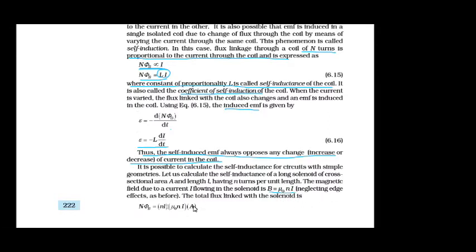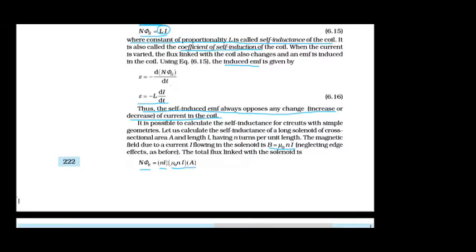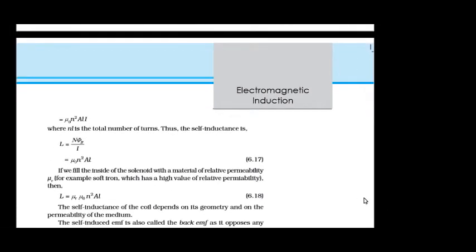Neglecting edge effect as before, the total flux linkage in the solenoid is equal to N phi B. So N is equal to nl, phi B we can write mu naught nI A, A is the area of cross section. So mu naught n square A l I. nl is the total number of turns.